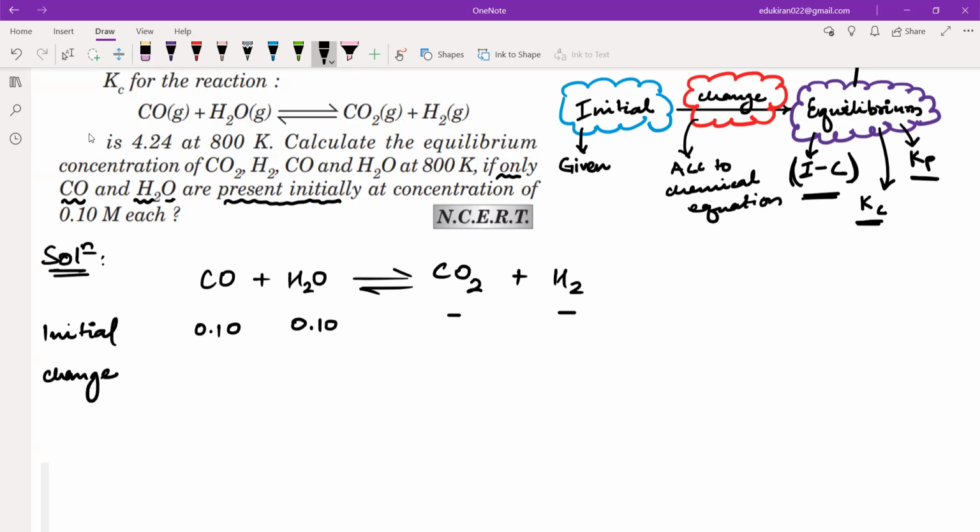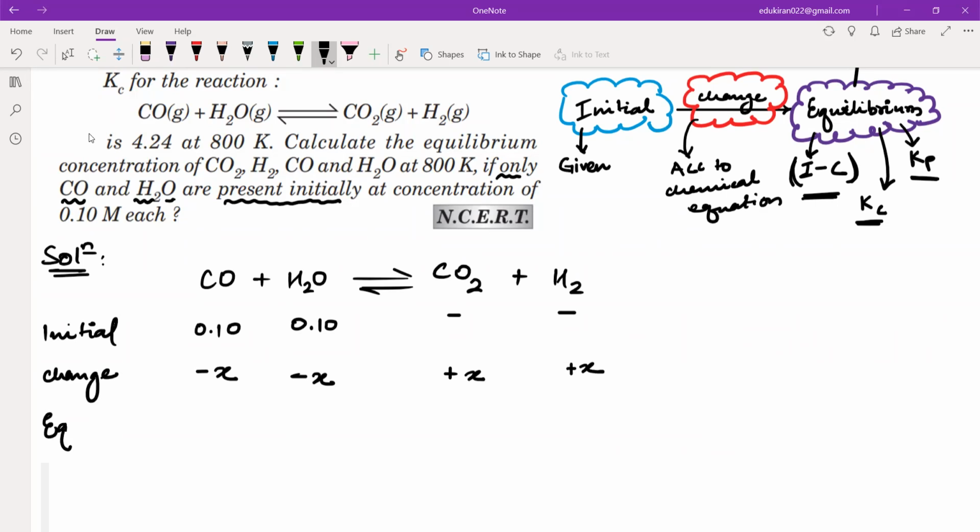Decrease. What is the stoichiometry here? 1, so it will be minus x. What about H2O? Increase or decrease? Decrease. Minus x. Now tell me, for CO2, what will be the change? Increase. Plus x. For H2? Plus x.